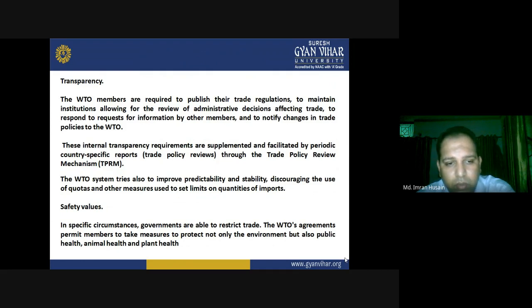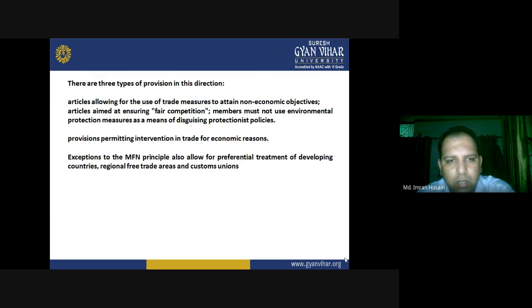Safety valves. In specific circumstances, governments are able to restrict trade. The WTO agreements permit members to take measures to protect not only the environment but also public health, animal health and plant health. There are three types of provisions in this direction. Articles allowing for the use of trade measures to attain non-economic objectives. Articles aimed at ensuring fair competition.